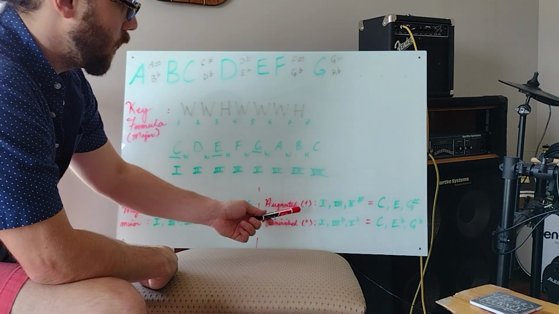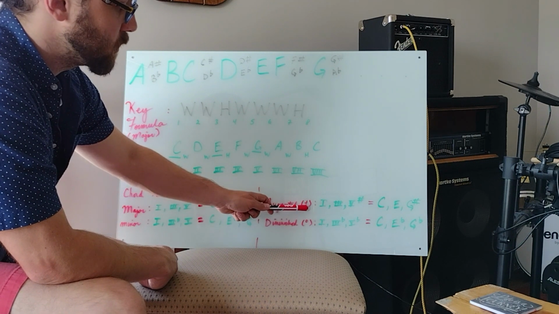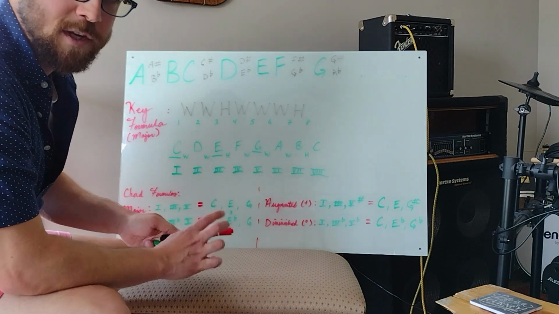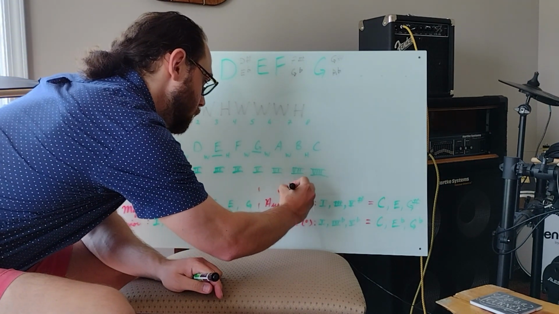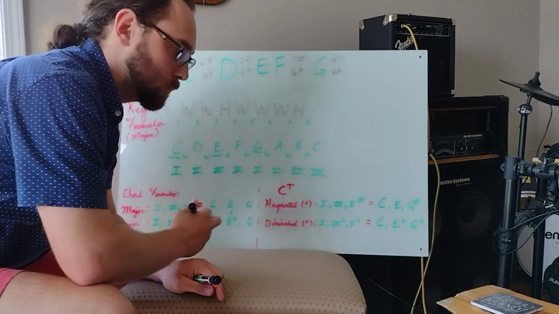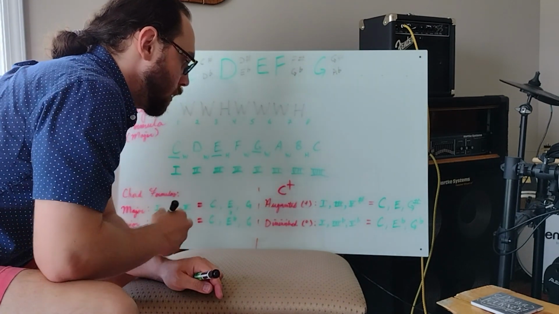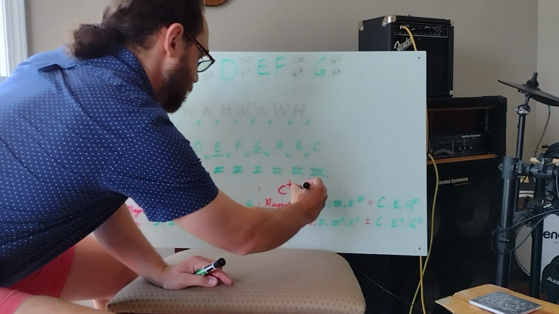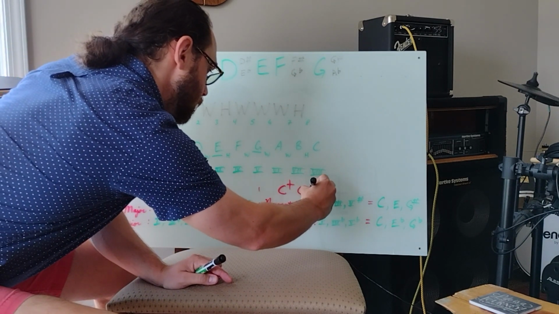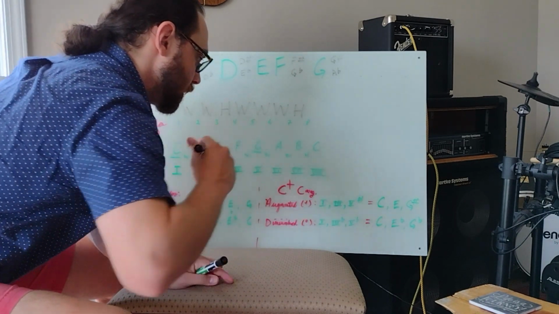Usually with augmented, if this was a C augmented chord, for example, you might see it written like C plus, it's a plus sign. Or you might see C aug, A-U-G, or C augmented.